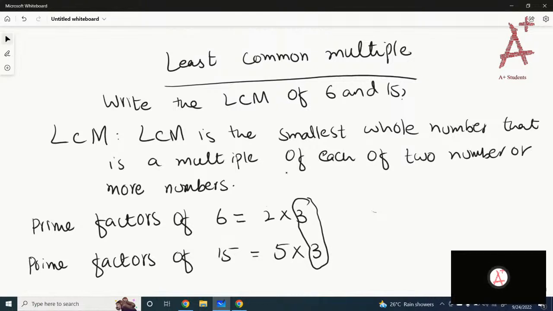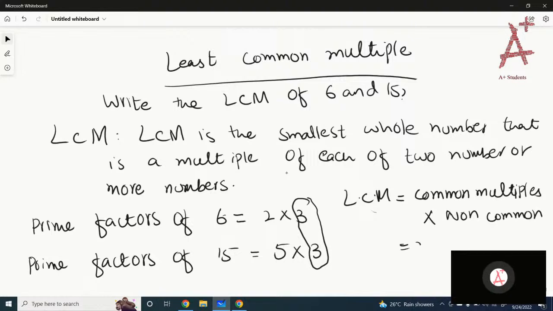The non-common ones are 2 and 5, because 2 is a factor of 6 only, and 5 is a factor of 15 only. So for LCM, you have to multiply the common and the non-common ones.